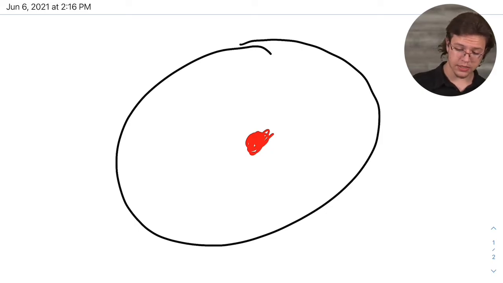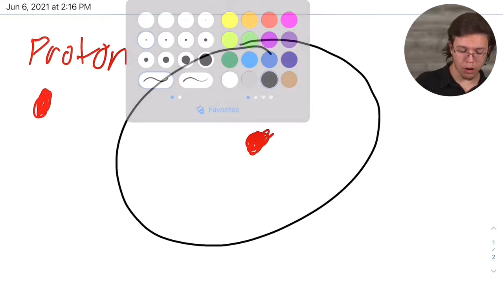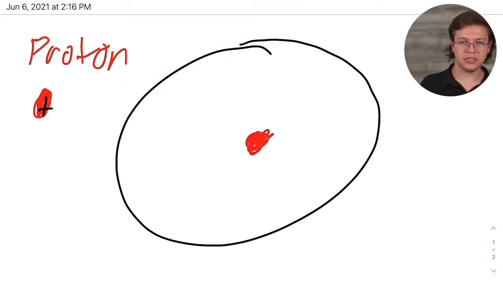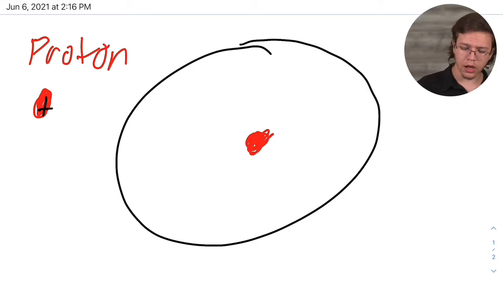And that nucleus is made up of a proton. I'm going to draw a little dot here. That proton is positive. I'm going to draw a little plus sign there. It's a positive charge. And that positive charge doesn't mean much to us until we add the electron.